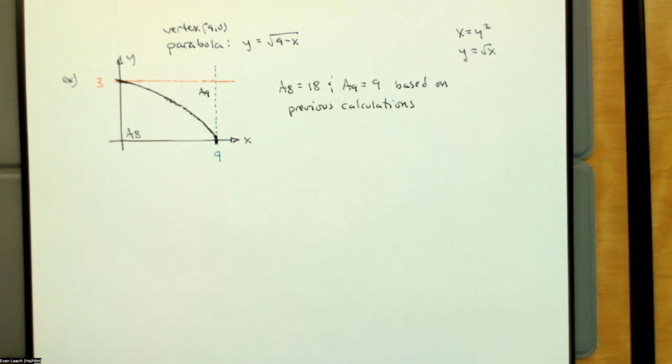Based on our previous calculations, A8 should be 18 and A9 should be 9. But what we want to do is think about setting up a definite integral for A9. So that will give us the 9 that we're looking for. Let's set up a definite integral for A9.